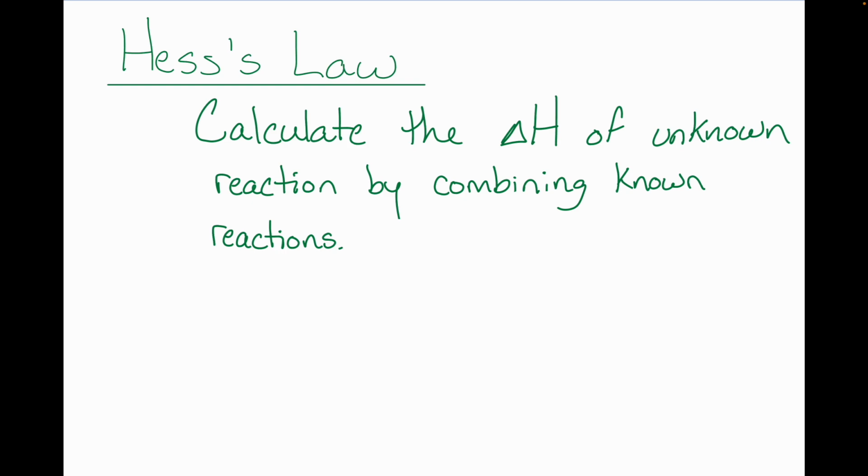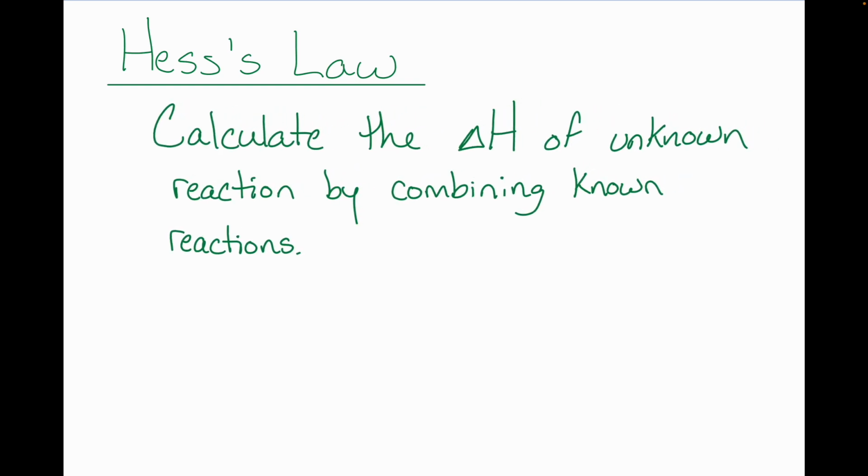All right, and so that's what we're going to work on here today. Given some known reactions, we're going to combine them together to find the delta H of an unknown reaction.